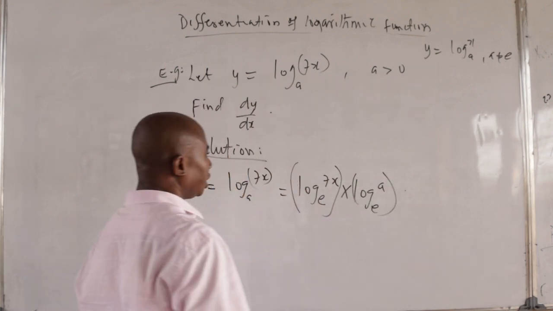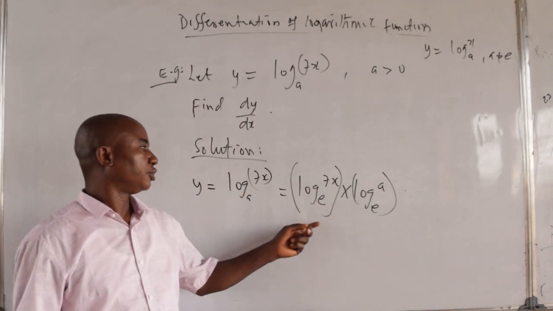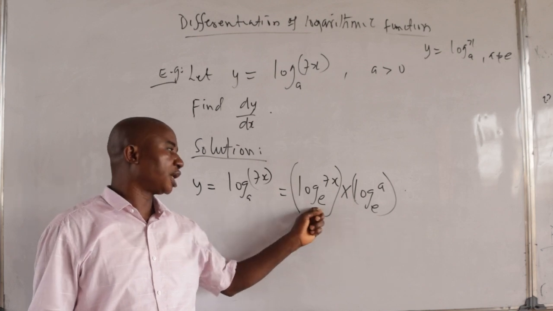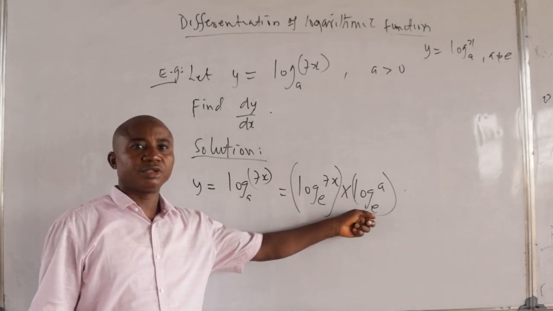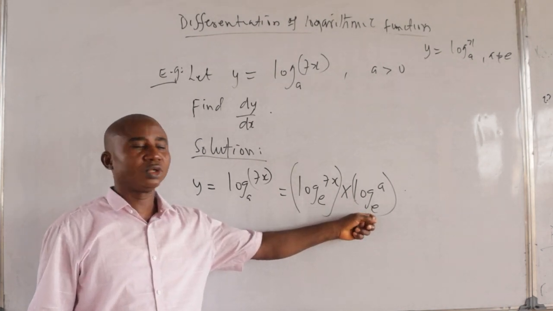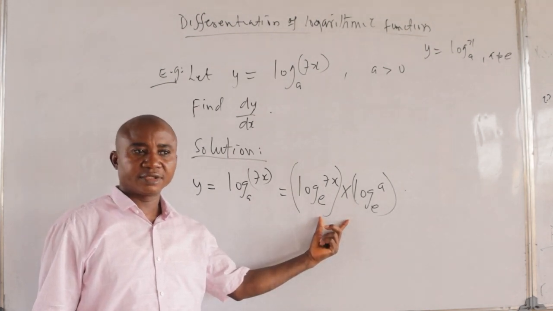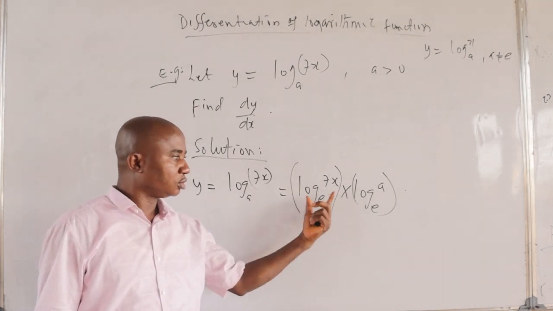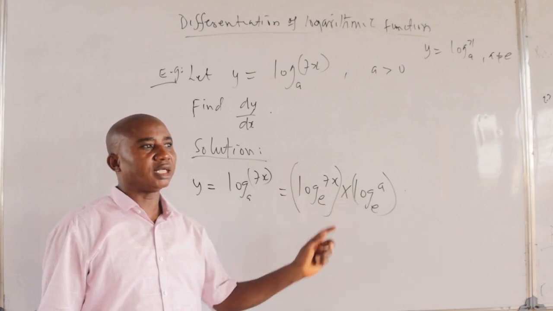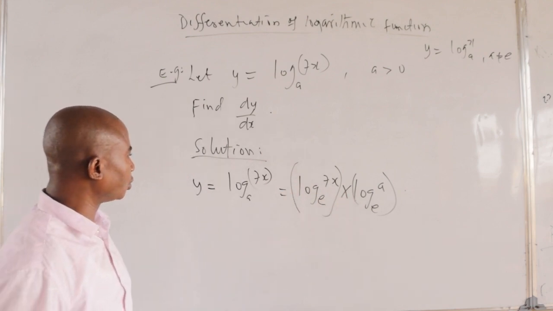Alright. Now it is easy for us to handle. Here we apply the chain rule to get what we have. We differentiate the constant to get 0. Here this is a product of two differentiable functions of x. So we apply the product rule, apply the chain rule here, and then we get the result out.